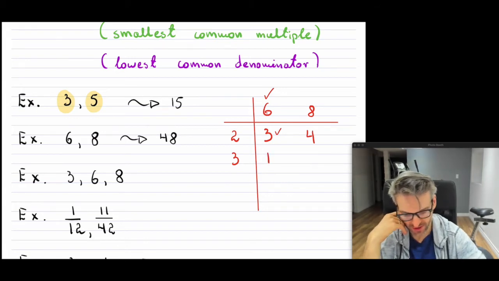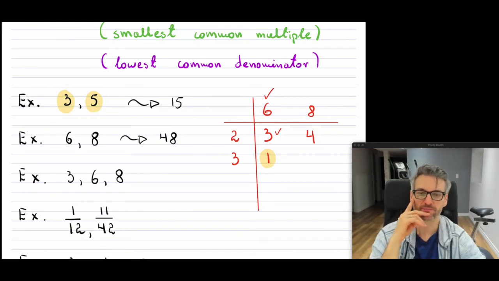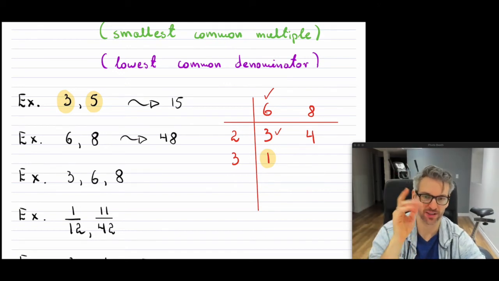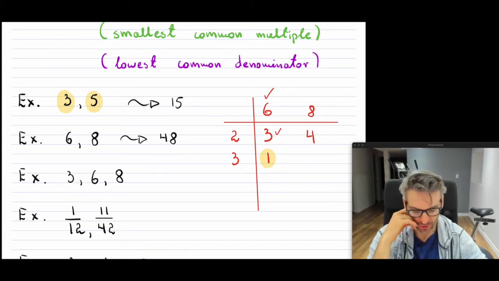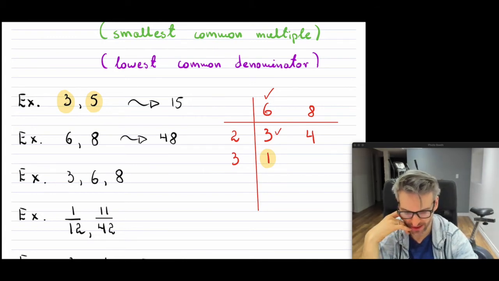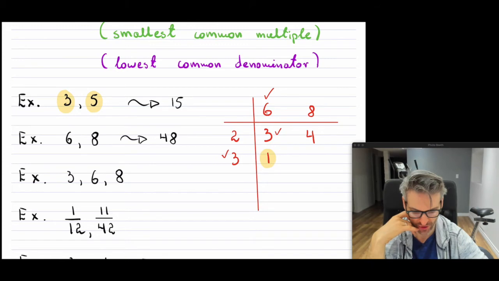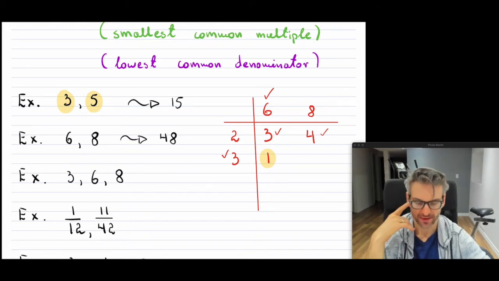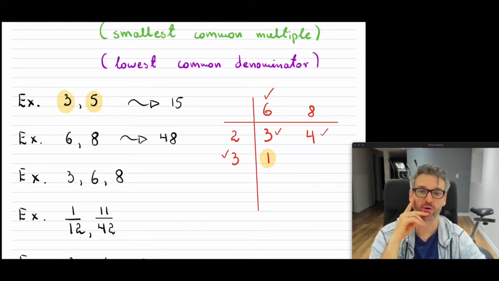Now, as soon as you get 1 in your column, you have now reduced that column. So 2 times 3, which is on the left-hand side, is basically 6, and it reduced that particular column. Now, you always want to check if the number that you picked is also going to reduce the other number. Now, 3 into 4, it doesn't go at all.